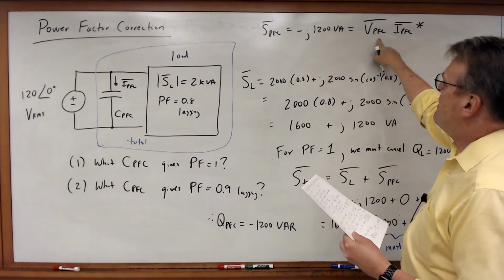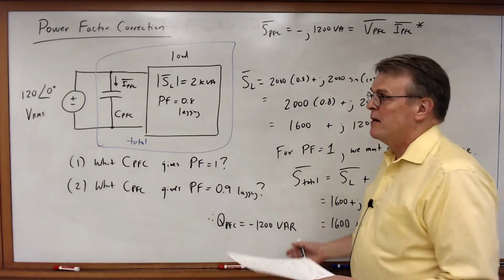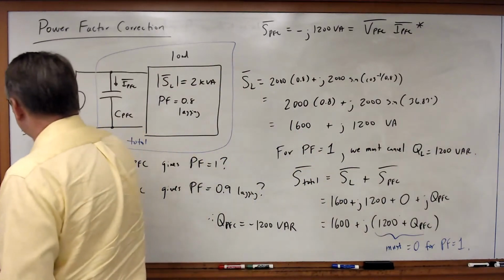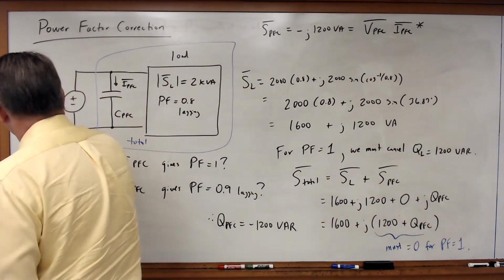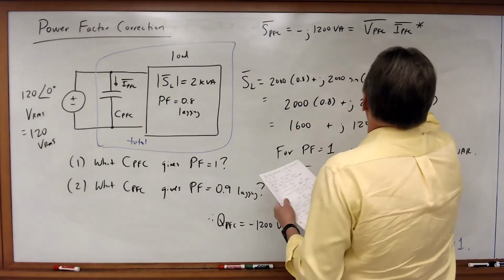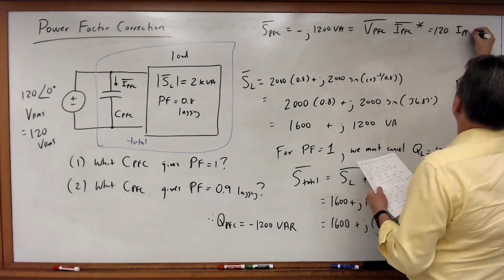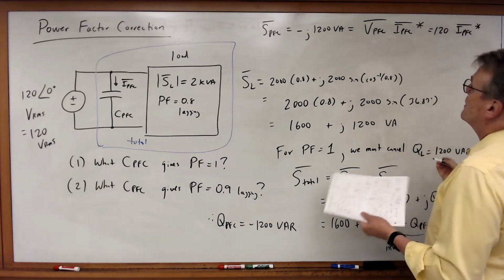And the VPFC is, of course, just the 120 volts RMS in rectangular form. And therefore, this is equal to 120 times IPFC complex conjugate.